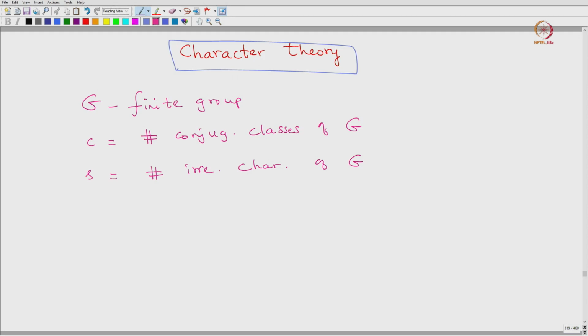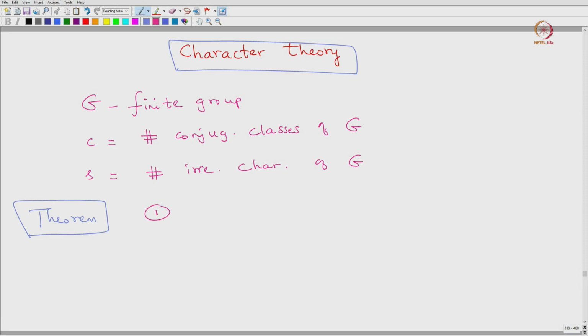Here is the theorem. The theorem actually consists of many different statements, but anyway all the statements you can call part of the character theory. What is the first statement?